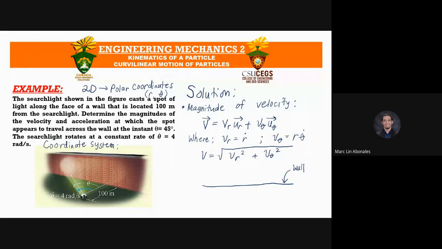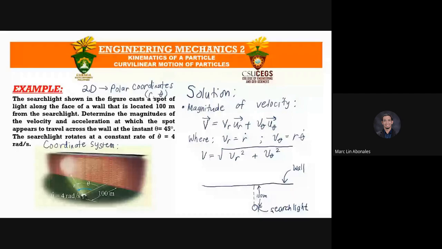What I draw here, this is the top view, and here is the searchlight. This searchlight can rotate, and the light is crossing the wall. So its distance from the wall is 100 meters based on the figure. So that is 100 meters.